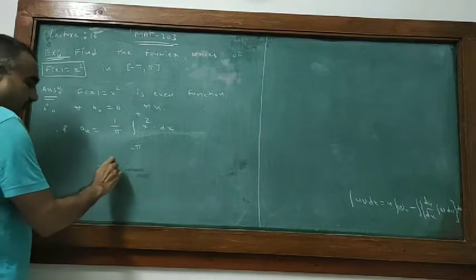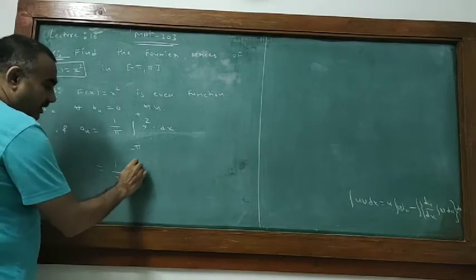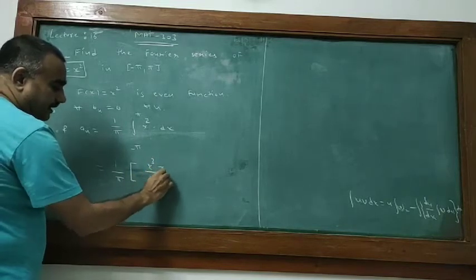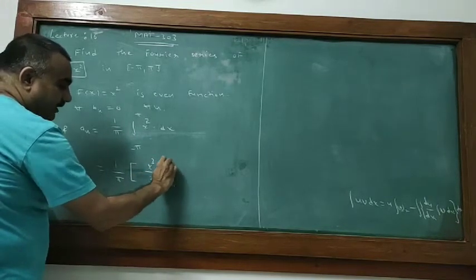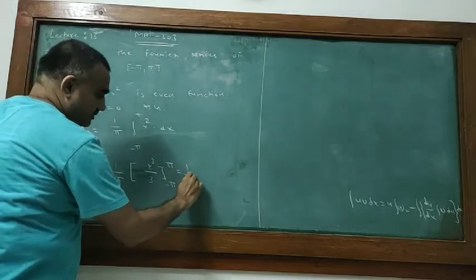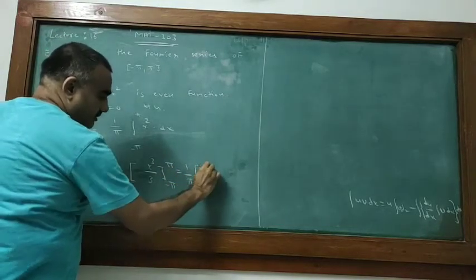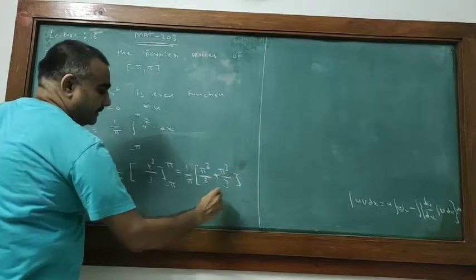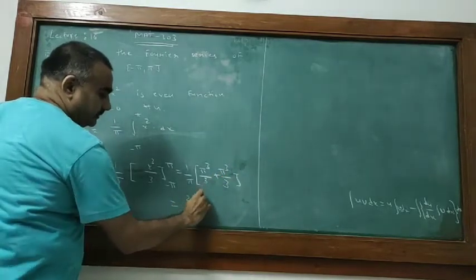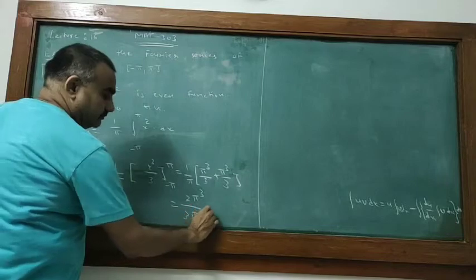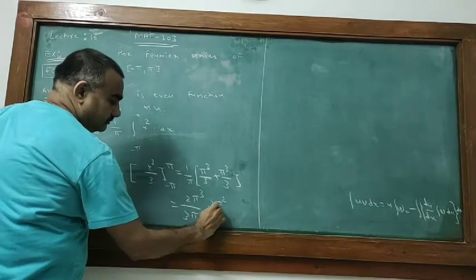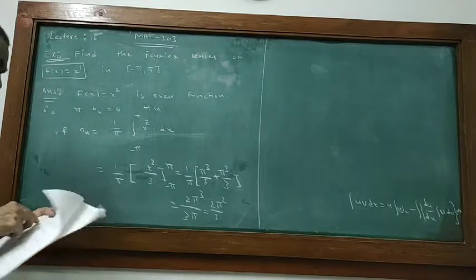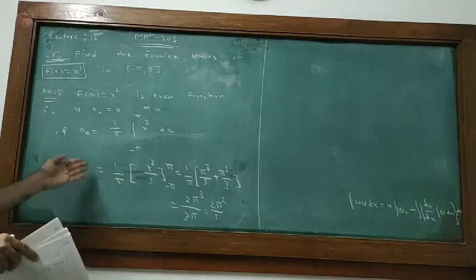Therefore, this is equal to 1 upon pi times x cube by 3 from minus pi to plus pi, that is pi cube by 3 and pi cube by 3, so 2 pi square by 3. This is the value of a0.